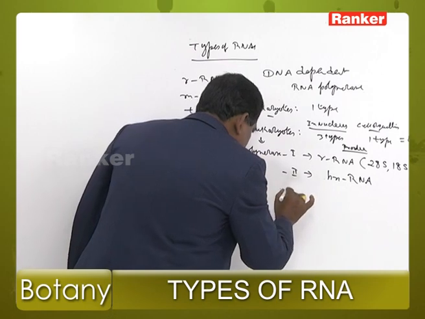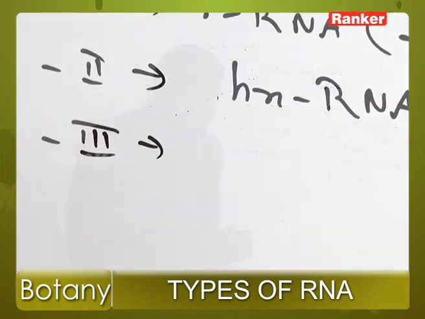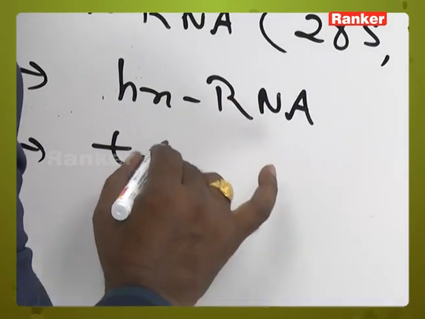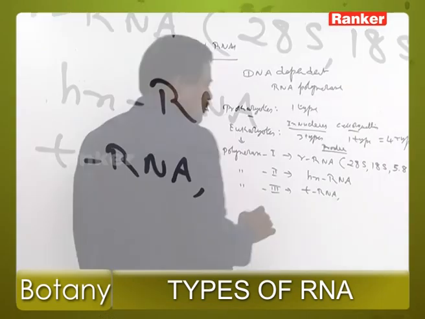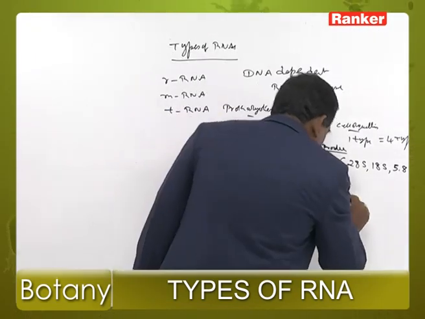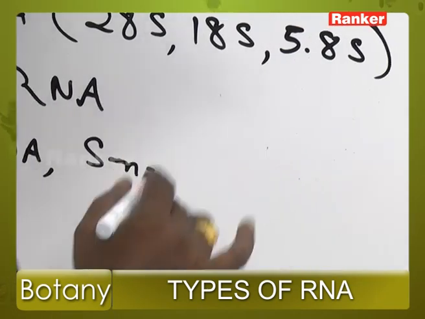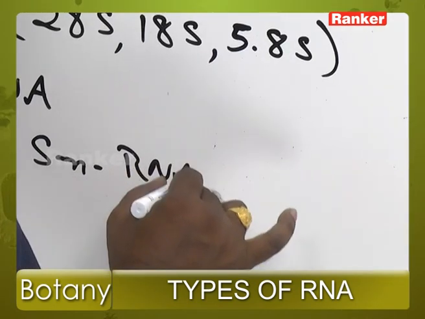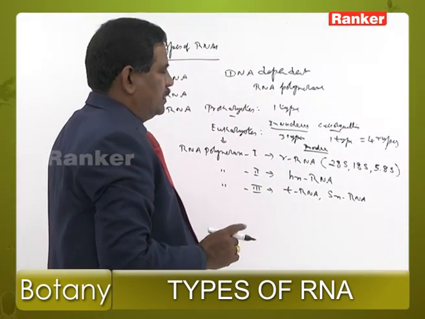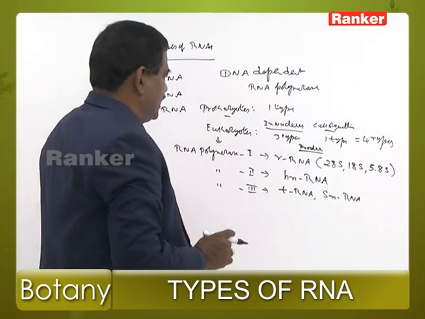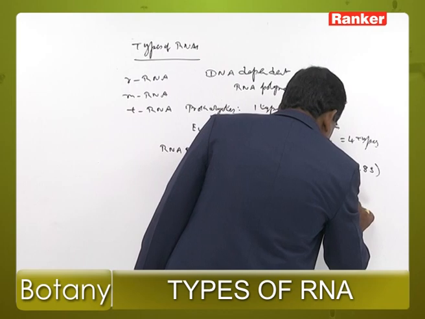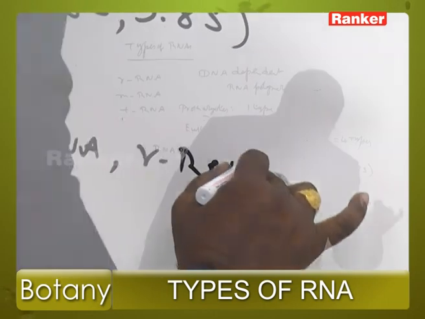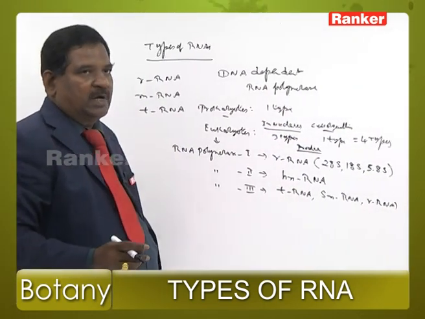RNA polymerase 3 is involved in the formation of transfer RNA, small nuclear RNA, and a small fragment of ribosomal RNA.